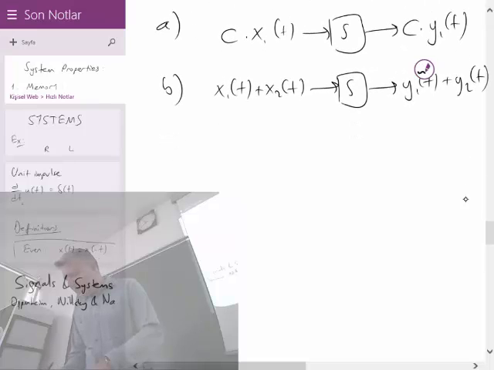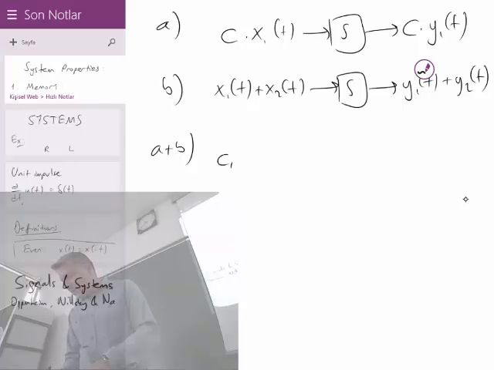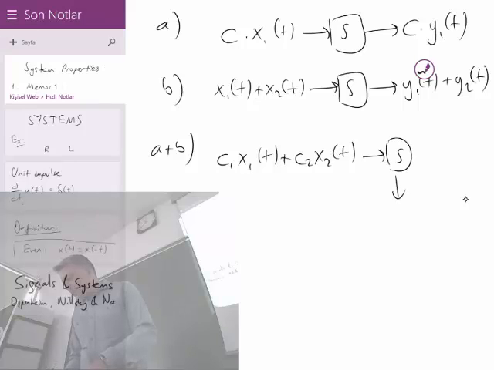In fact, the combination of these can be reflected as follows. C1 scaled x1 of t plus C2 scaled x2 of t going into the system must produce C1 scaled y1 of t plus C2 scaled y2 of t.